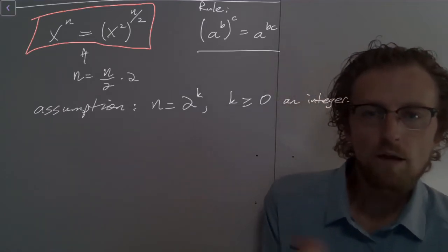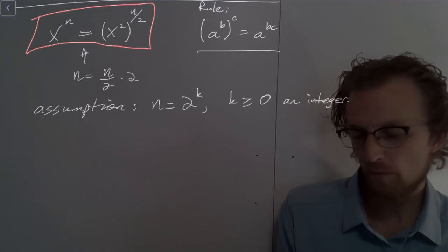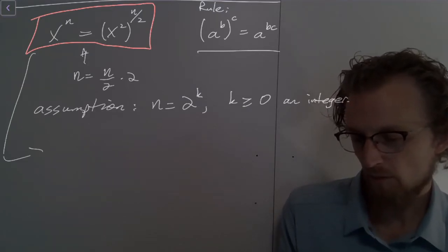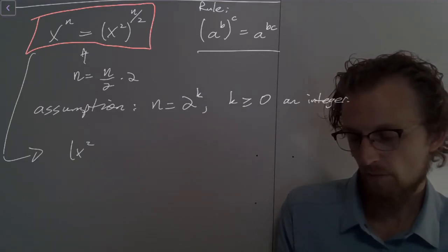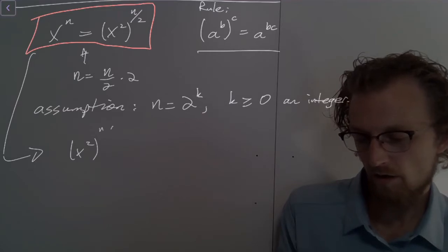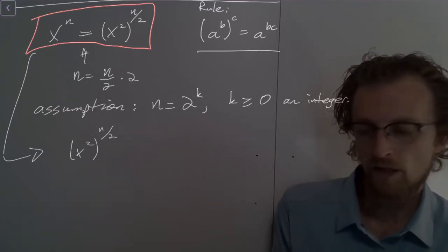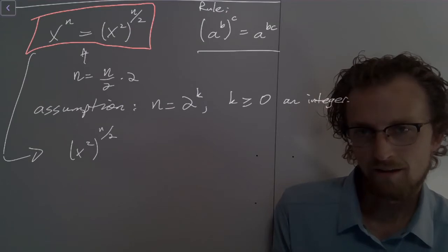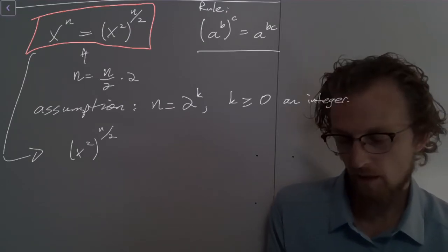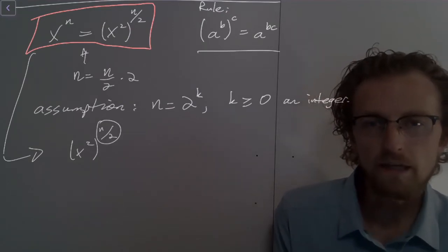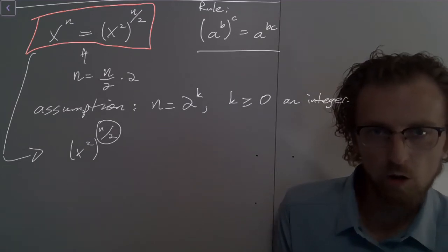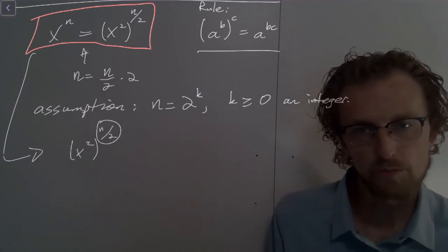Why am I making this assumption? I'll be taking this formula and evaluating x squared to the n over 2, and I want to guarantee that when I do this repeatedly, n over 2 will always be an integer. I always want to be dealing with integer multiplication.